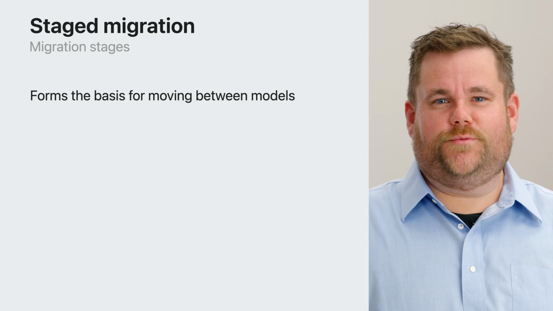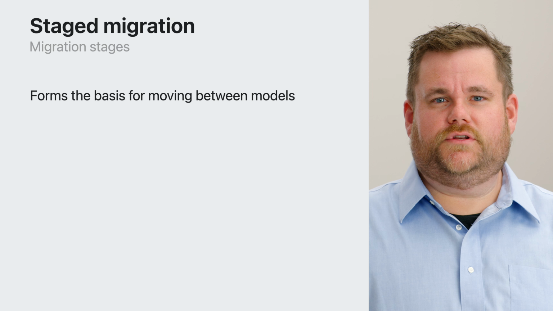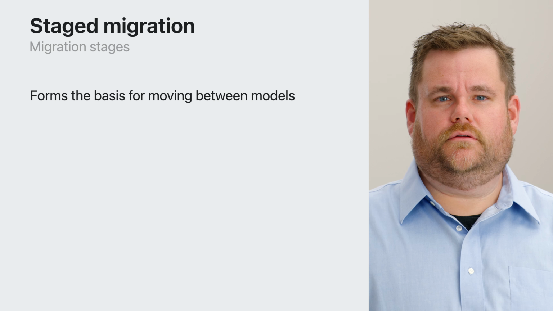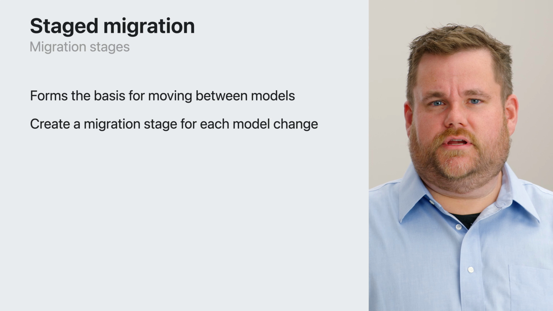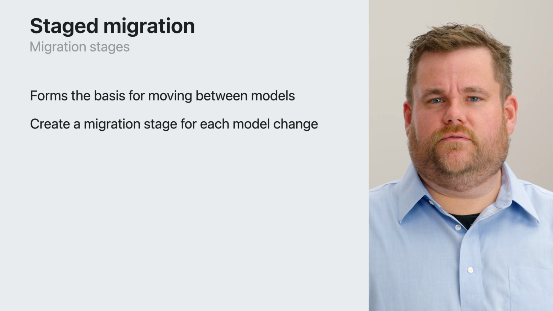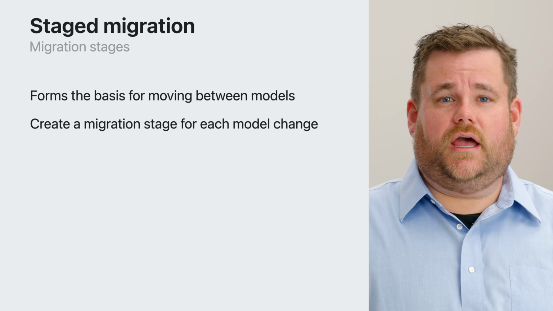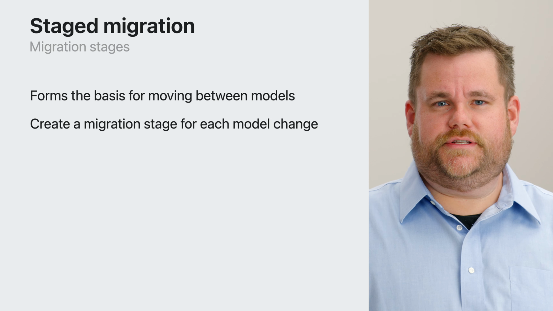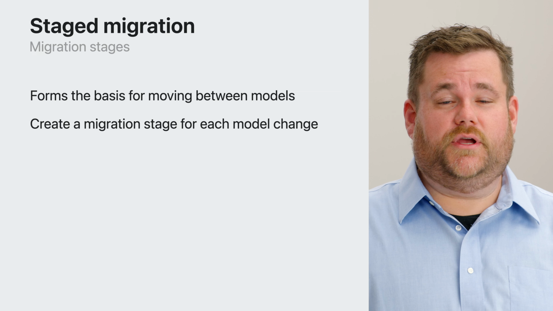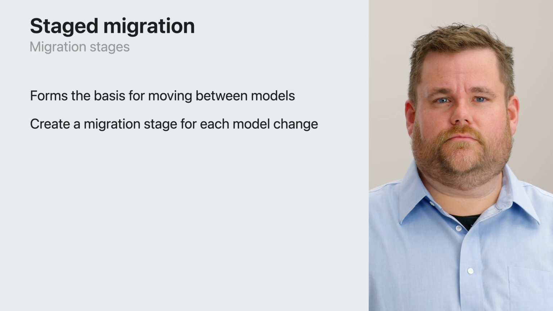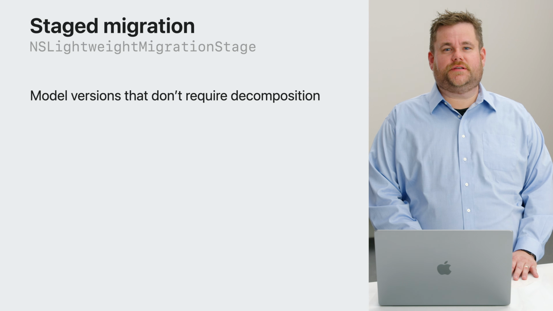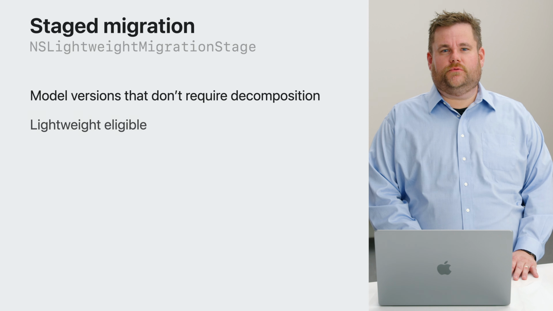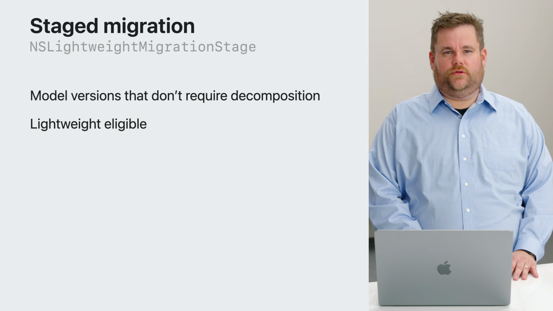Migration stages form the basis for migrating between versions of a model. As you adopt staged migration, you'll describe each model version to Core Data using either an NSCustomMigrationStage or an NSLightweightMigrationStage. The NSLightweightMigrationStage class describes a series of models that did not require decomposition and that were lightweight migration eligible.